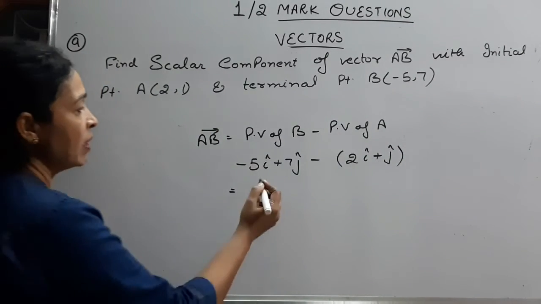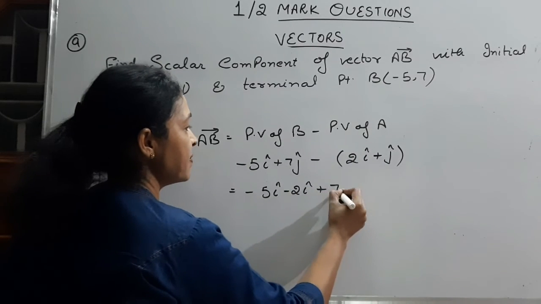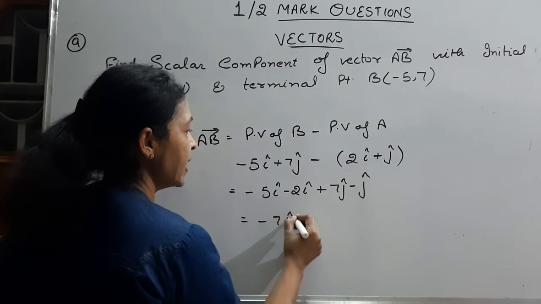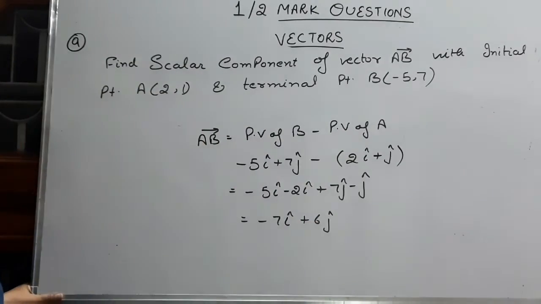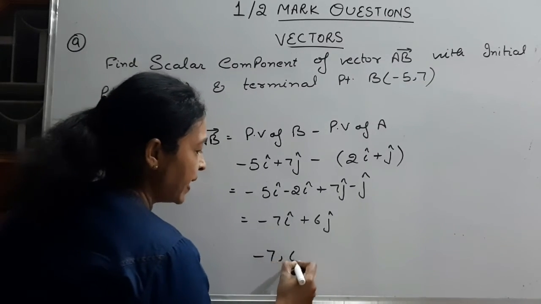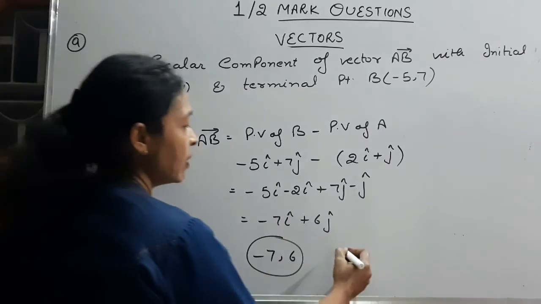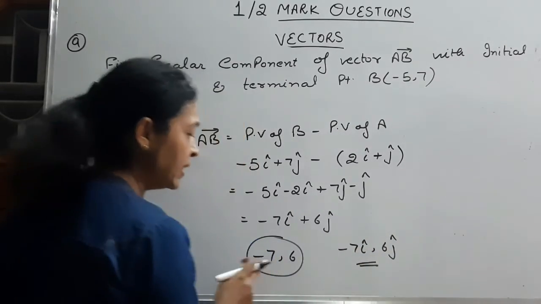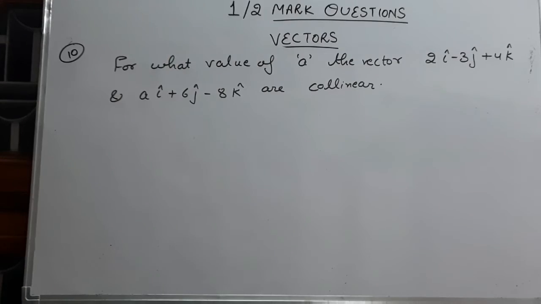So vector AB will be minus 5i cap minus 2i cap plus 7j cap minus j cap. That is minus 7i cap plus 6j cap. What we have to find? We have to find the scalar components. What are scalar components? Minus 7 and 6. If you have to find vector components, that will be minus 7i cap and 6j cap. These are vector components. Minus 7 and 6 are scalar components.